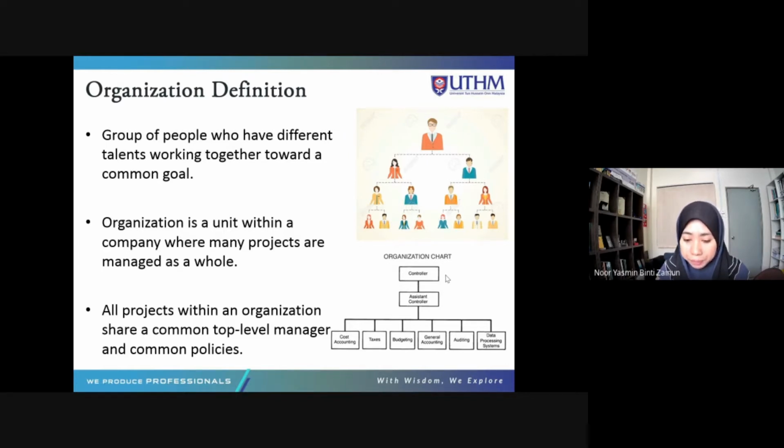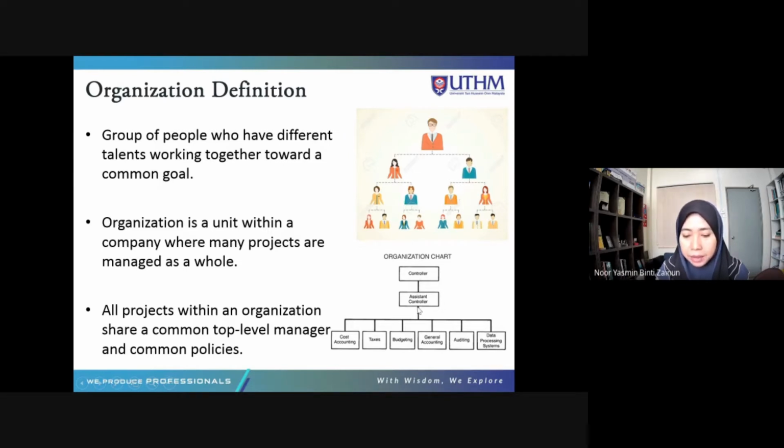So all projects within an organization share a common top level manager and common policies, because we have one controller here. The controller actually controls or manages the whole project.